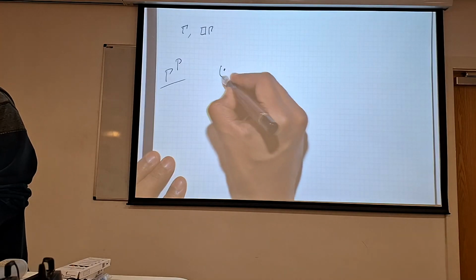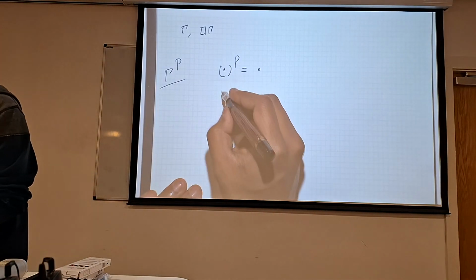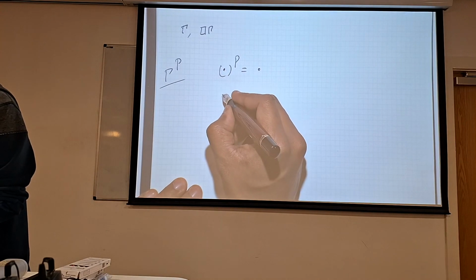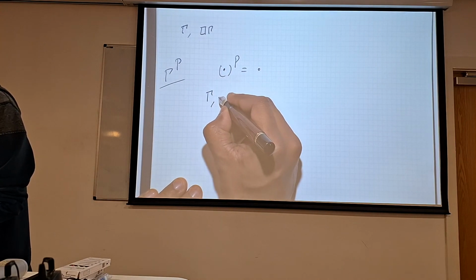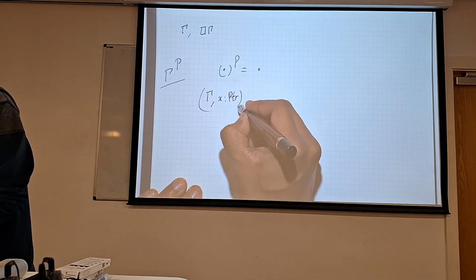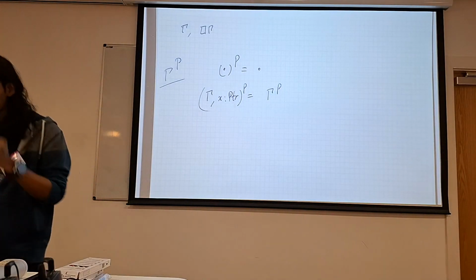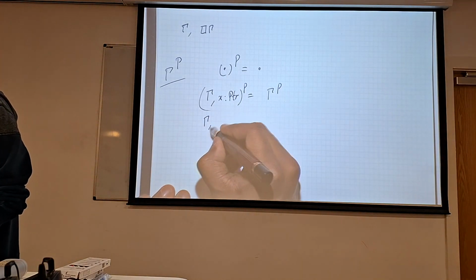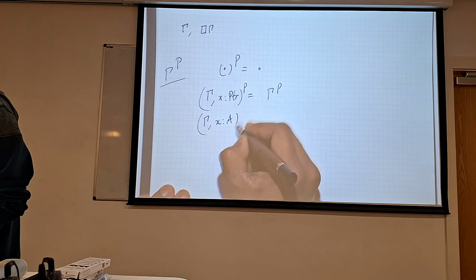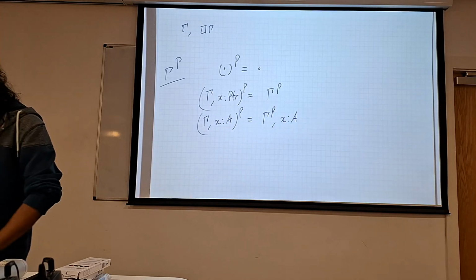Okay, so the empty context is a pure context. Then I take x colon pointer and do this operation here. I actually drop these things, okay? And if I do x colon A and do it on this, okay.